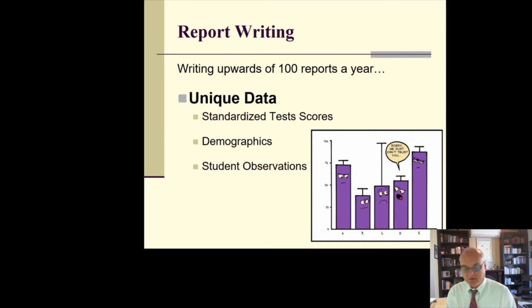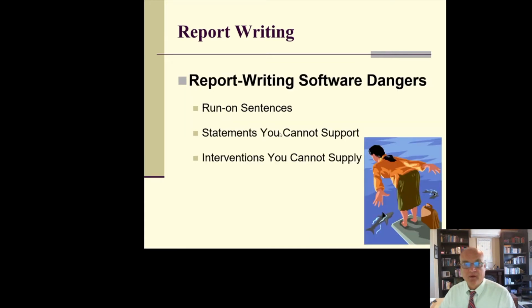Above average, average, below average, what have you. And that's why you need only change really about 15% of your report to individualize it for each student. But that 15% is a very important part.